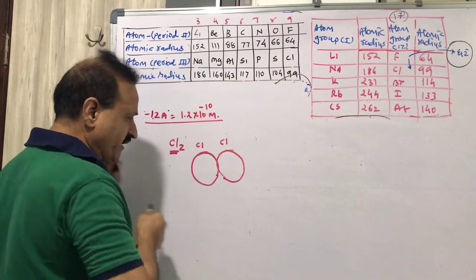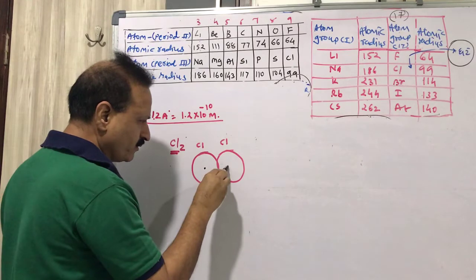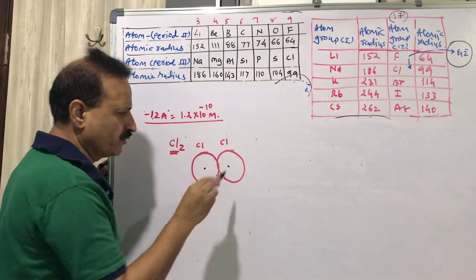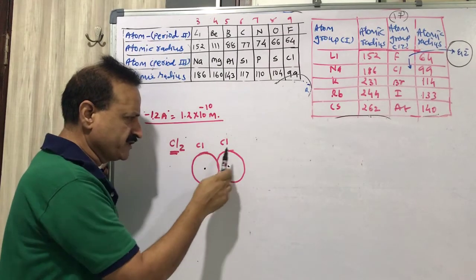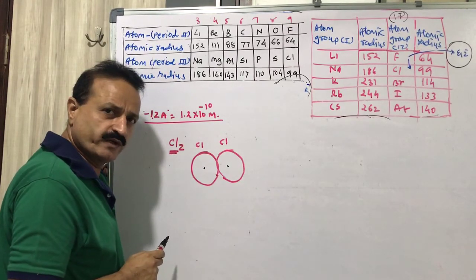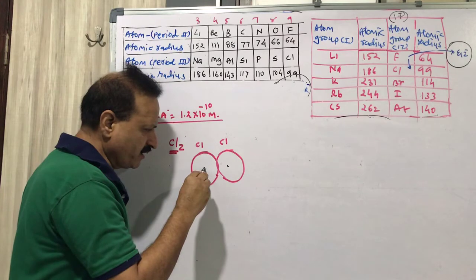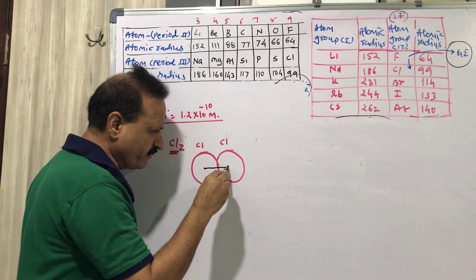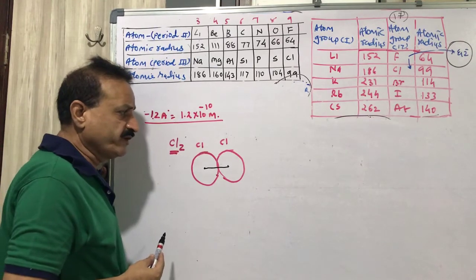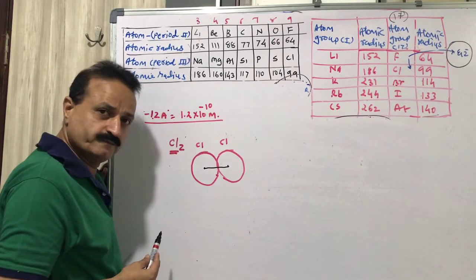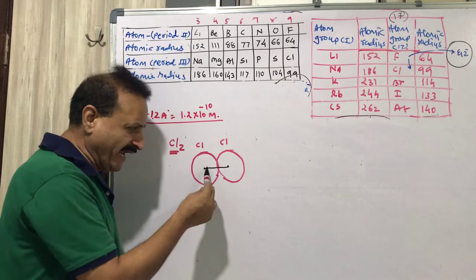This is the center of this chlorine, this is the center of the other chlorine. And this measurement is the distance between the two centers of chlorine. It can be measured.